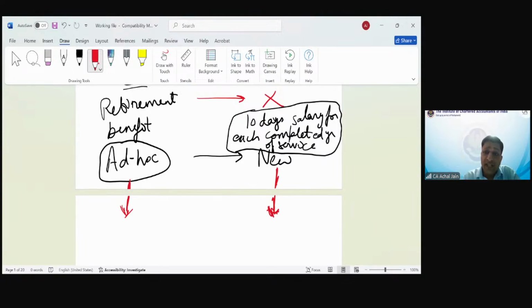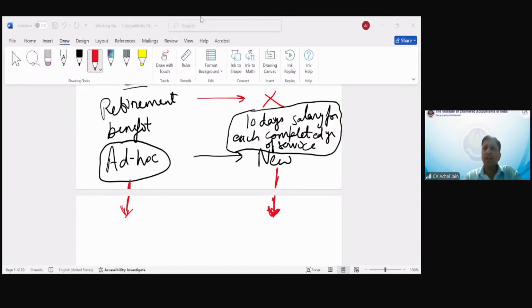Now, will you say that these two policies are same? Tell me. Can we say that? Rohan is asking ad hoc. Ad hoc, I explained you that management will decide whether to pay or not, what amount to pay. Will you call these two policies as same? Tell me quickly.